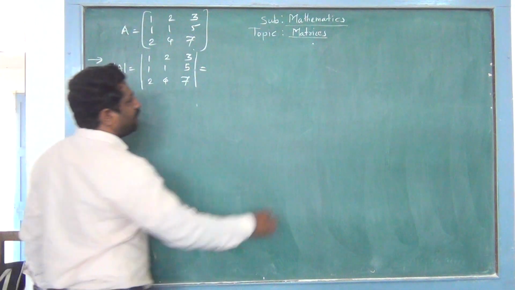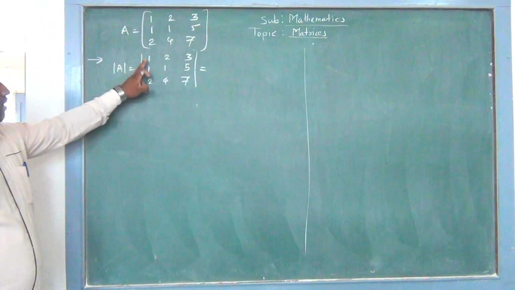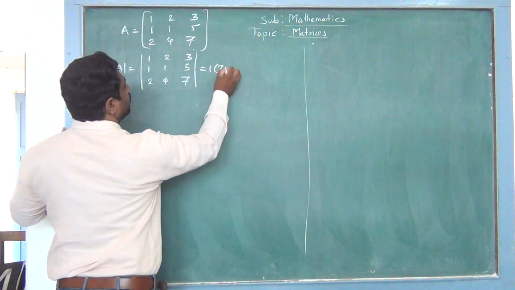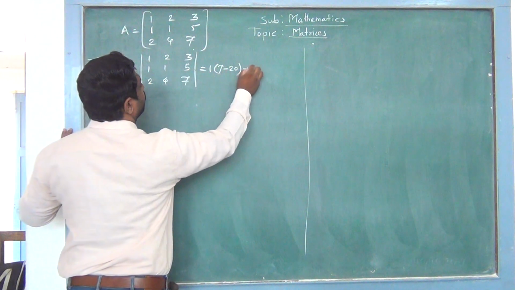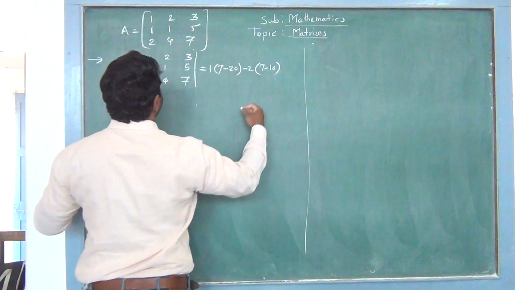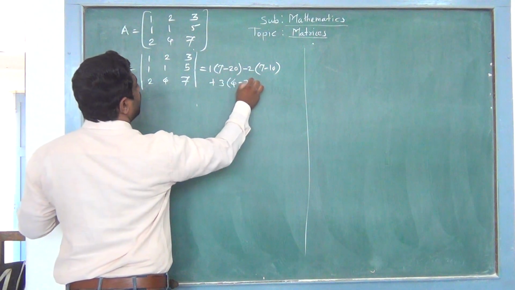Now we expand this determinant. So 1 into (7 minus 20), minus 2 times (7 minus 10), plus 3 times (4 minus 2).